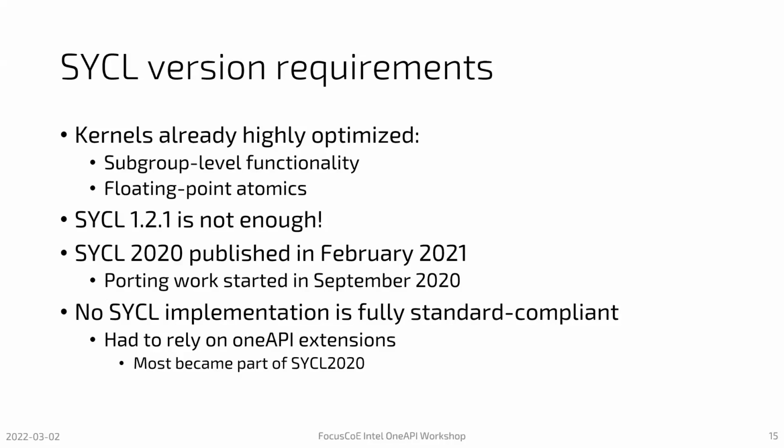So while it's a nice and good goal to be standard compliant, we had to use the not yet published and not yet settled SYCL 2020 draft to do the work. And we also had to rely on some oneAPI extensions, although most of them indeed became part of the standard, so that was a nice compromise to stay as standard compliant as possible without sacrificing the performance.